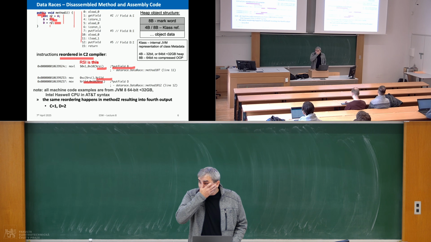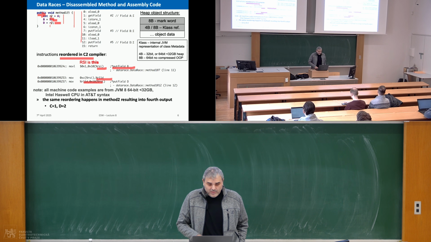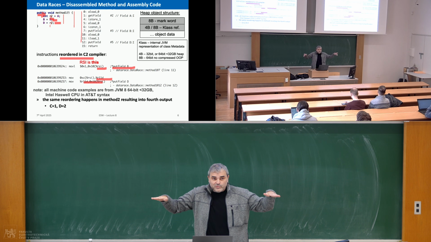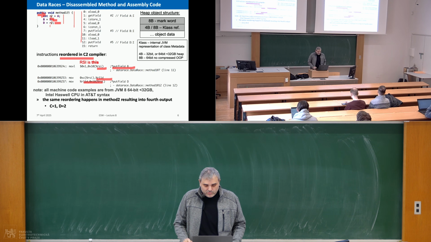From that, you can also notice that if local variable R2 is not used at all, that assignment will not happen even in the compiled code. So after this reordering, very similar things happen in method 2. That's the reason why the outcome could be 1 and 2 together, because it's a reorder. So first, both can assign new values and then use those new values.